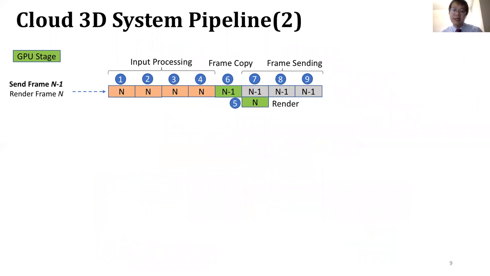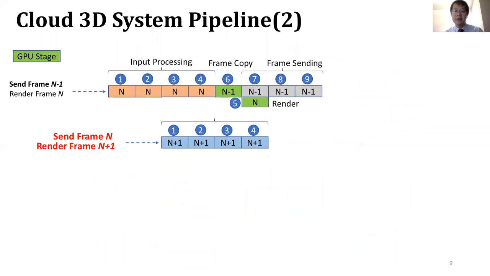To increase the FPS, the modern pipeline tries to generate the current frame and send the last frame in the same pipeline. When generating frame N plus 1, stage 1 to stage 4 are the same as before. The difference is that stage 6 of the last frame is executed before stage 5 of the current frame.